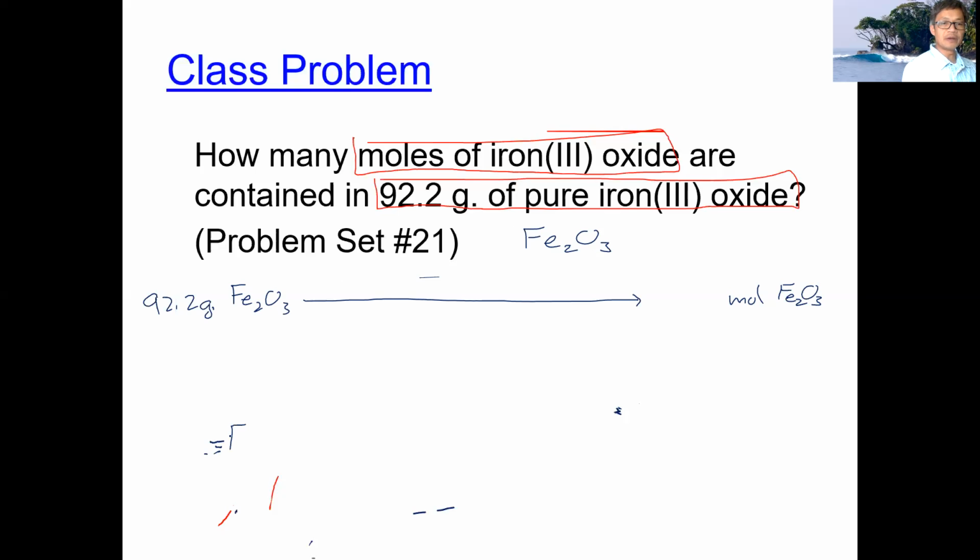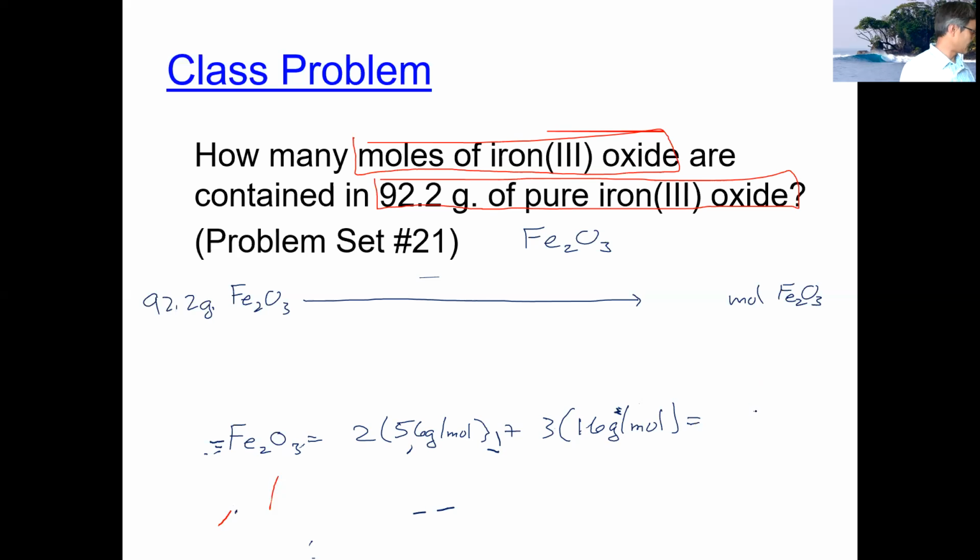Let's go ahead and find the molar mass of iron 3 oxide, which means then we have 2 iron atoms. Each iron atom has a mass of 56 grams per mole. To that, we're going to add then 3 oxygens, which is 16 grams per mole.